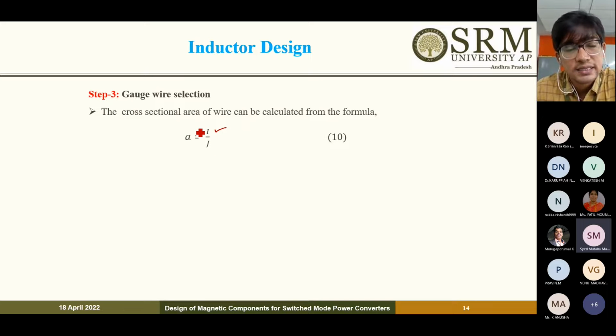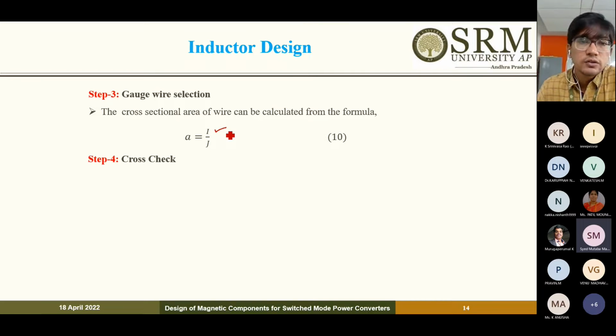Once we calculate this cross-sectional area, there are data sheets for standard gauge wires with different cross-sectional areas. We need to select a gauge wire which has a cross-sectional area more than the value we calculated.